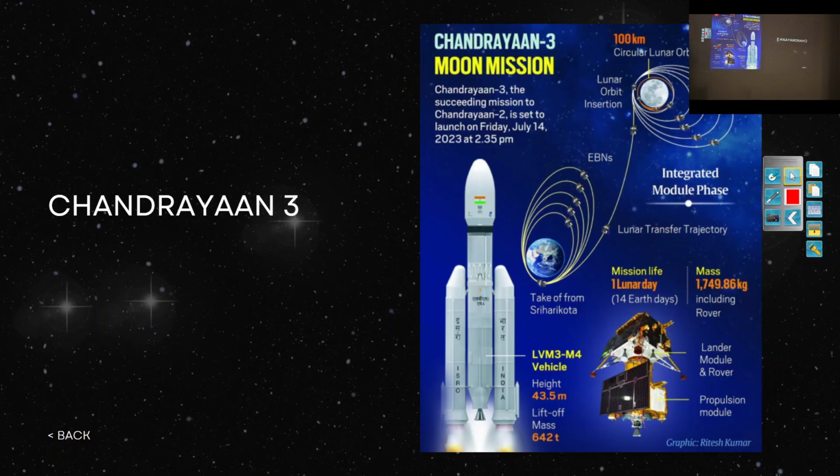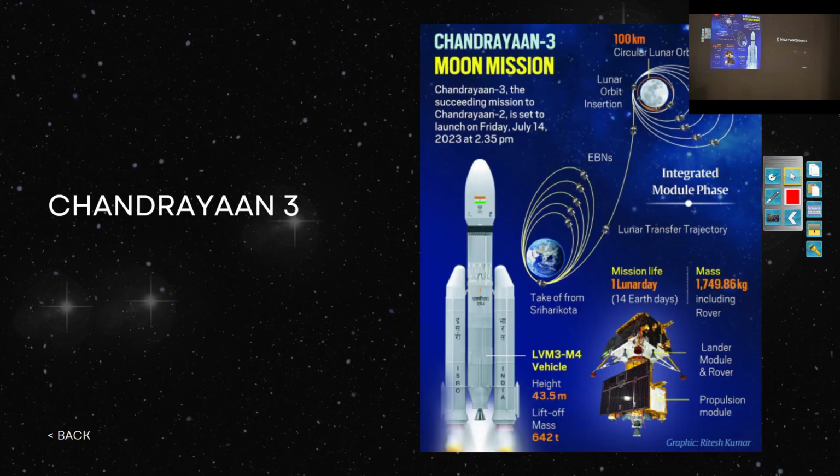This south pole is on the farther side of the moon, where nobody has explored so far, and India was the first to go to this south pole. Later China also sent its Chang'e mission to the south pole. Chang'e 4 was launched by China, and it went to the south pole as well.